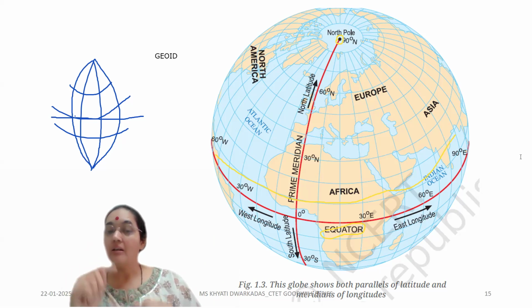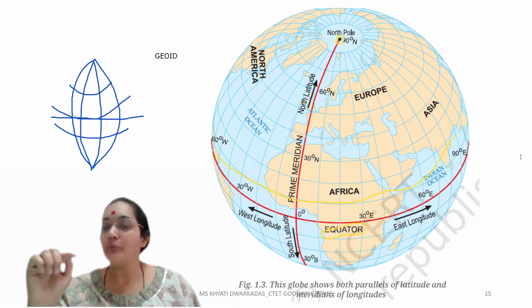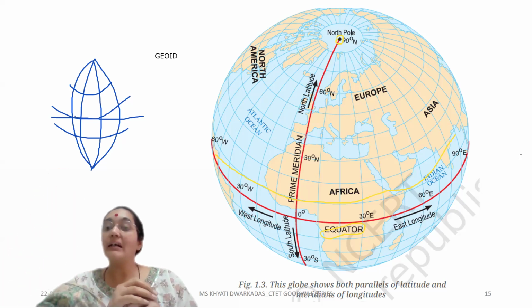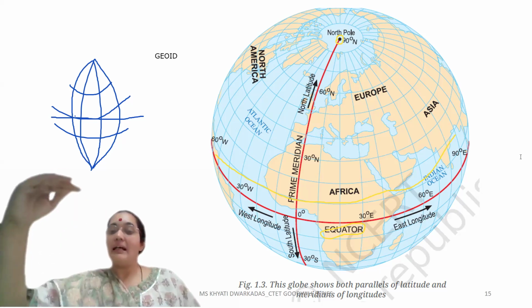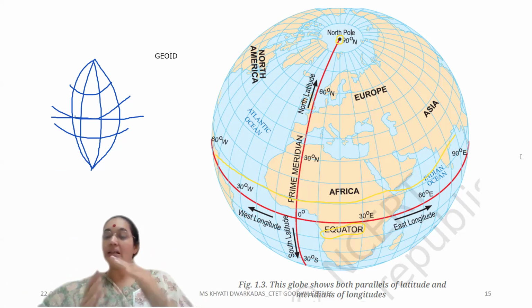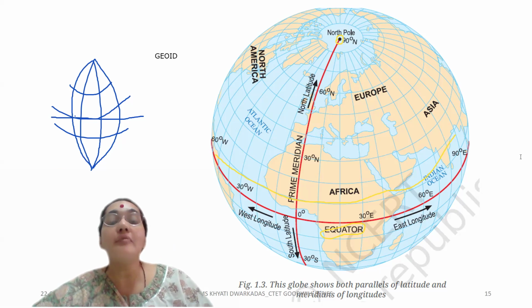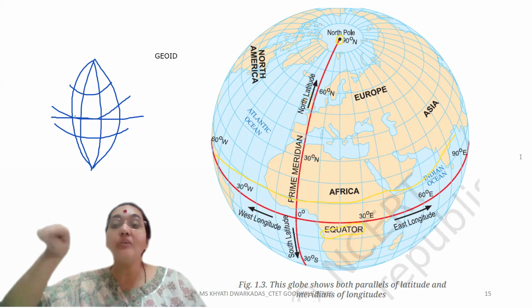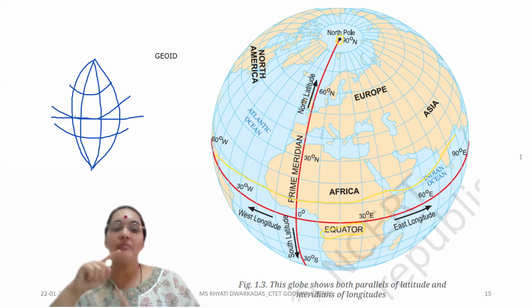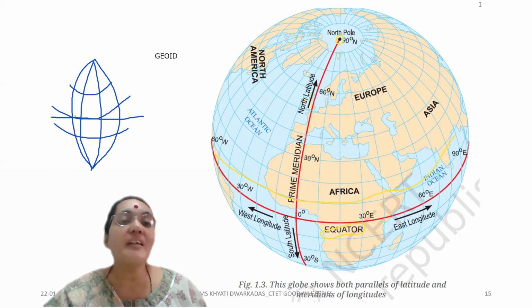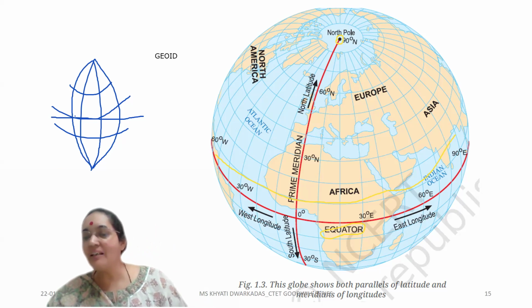And remember, when we count latitudes from 0 degrees as you go up, up, up, there are 90 degrees of latitude. From 0 degrees, when you go down, down, down, there are another 90 degrees of latitude. But the catch is when you are counting the lines. If you count 90 degrees up and 90 degrees down, how many degrees do we get? Mention it in the chat. Wonderful. I can see the chat moving.